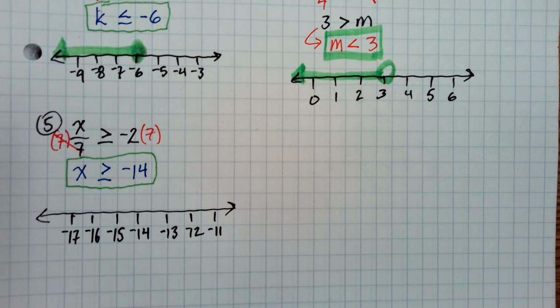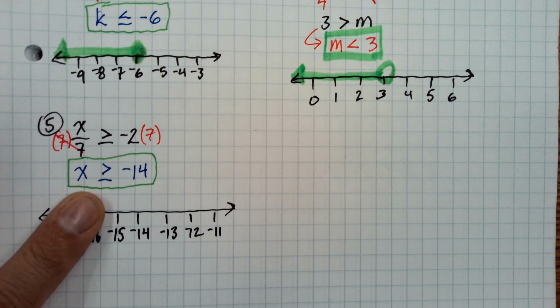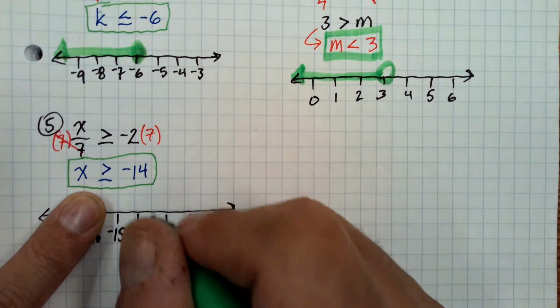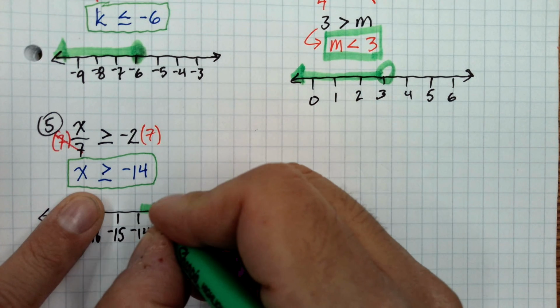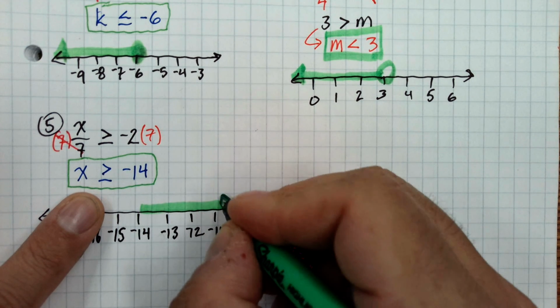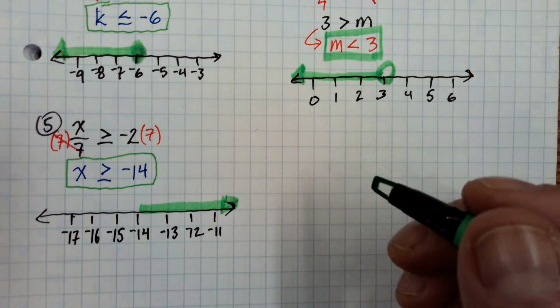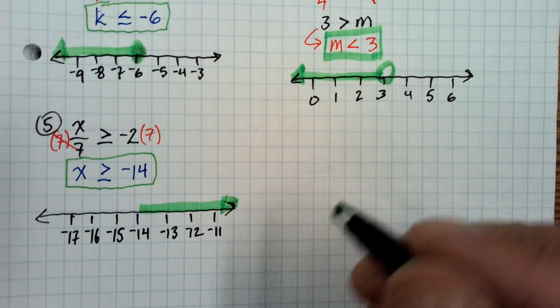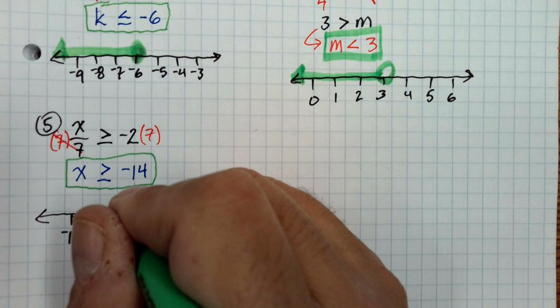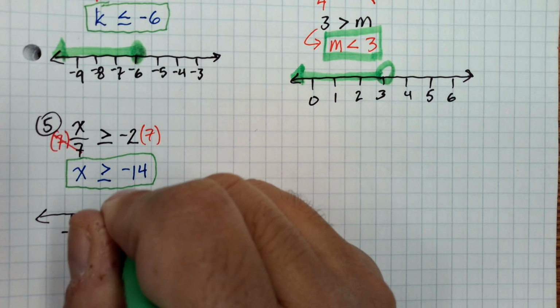Okay. And we want all the numbers x greater than or equal to negative 14. So greater than would be on this side, on the number line. Those are all numbers bigger. And then negative 14, it's equal to, so that's a closed point.